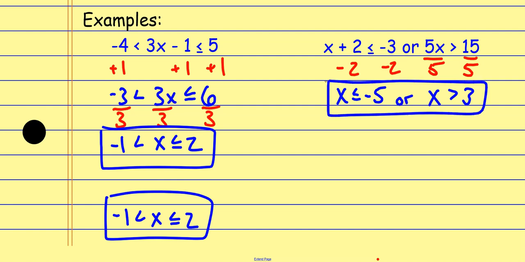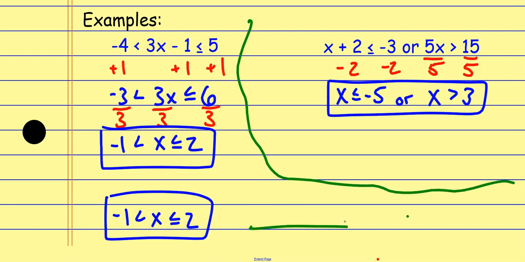Okay. The last thing I would probably do on each of these, however, is draw a quick sketch of the graph. And again, the only reason we're drawing the quick sketch of the graph is to make sure that this thing makes sense. We didn't have any so far that don't make sense, but if I had something like this, it would be between -1 and 2, and an open dot here and a closed dot here.